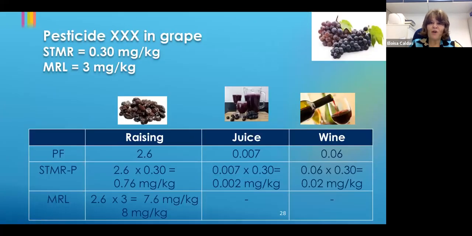Just a practical example for grapes producing raisin, juice and wine. Normally, the processing studies try to use what would be a commercial processing procedure.